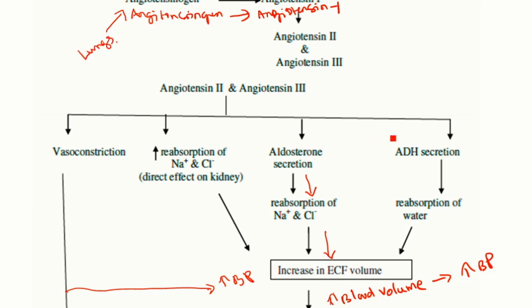This is how the renin-angiotensin system is involved in controlling blood pressure through angiotensin 2 and angiotensin 3. You have to write all of this and explain it. Self-explanation is mandatory; physiology is nothing but flowchart and self-explanation.